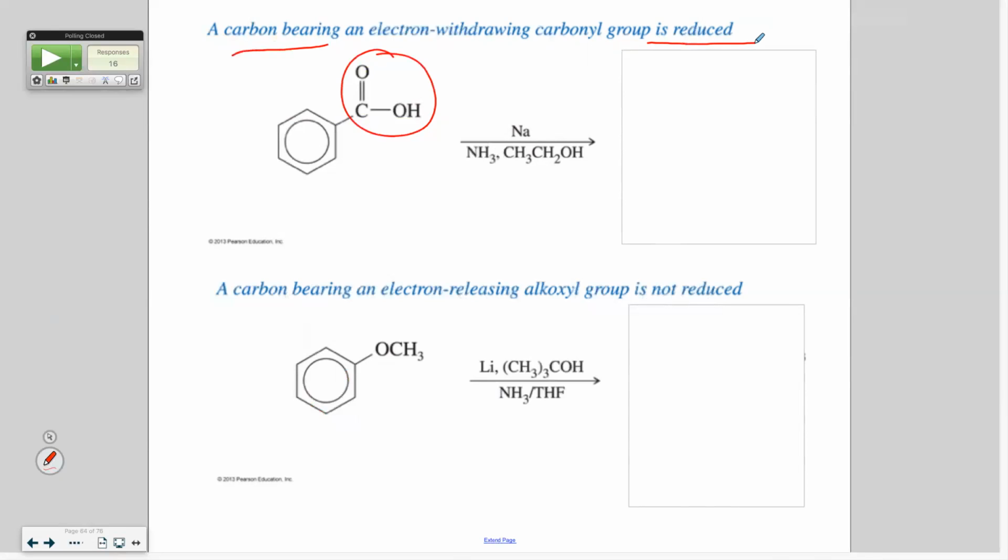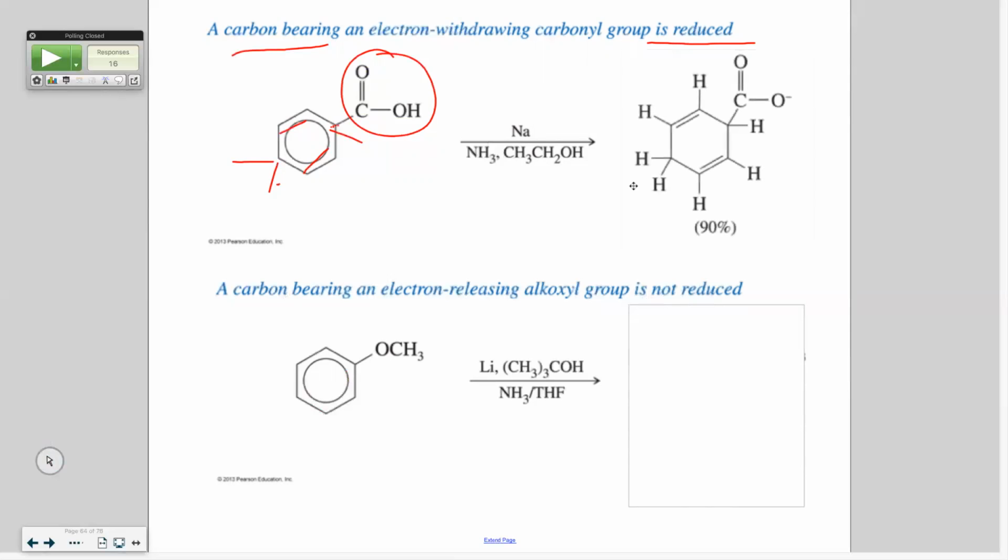We could get our double bonds here, or we could get them here. They could both be this way, or they could both be this way. So what happens is this carbon is going to get one of the hydrogens. So where are my double bonds going to end up? Here and here. And then I'm going to have hydrogens in those three spots. So it's going to look like this.